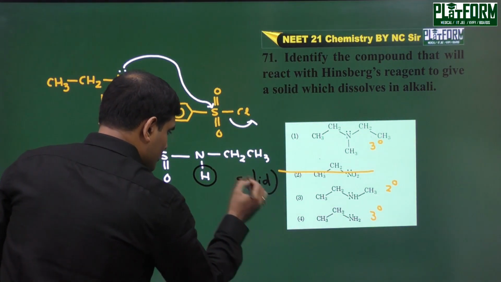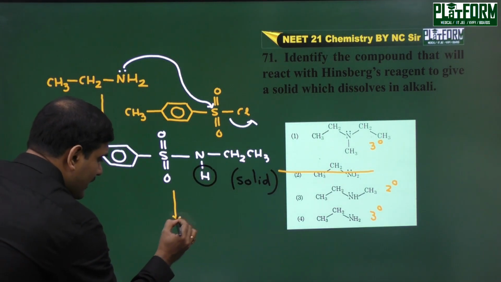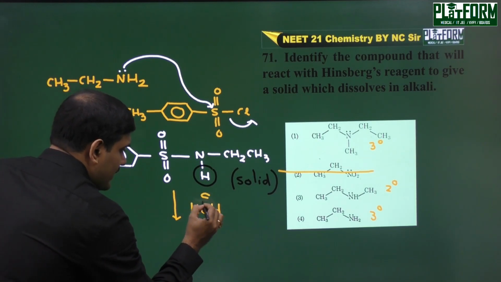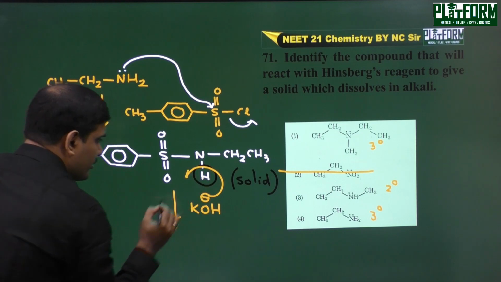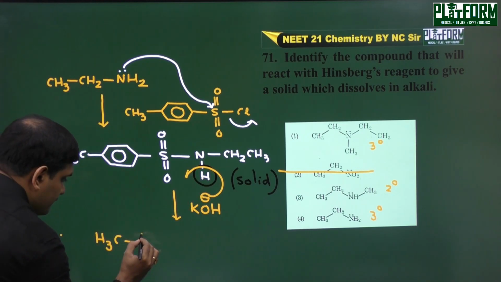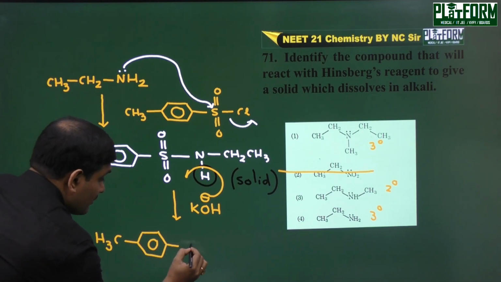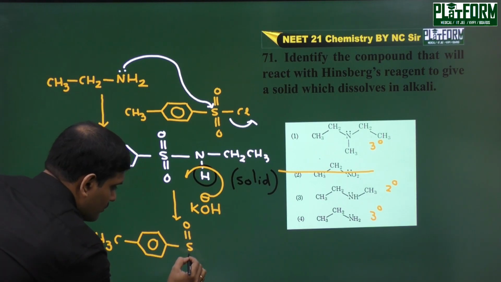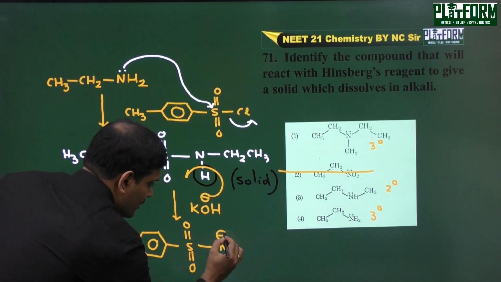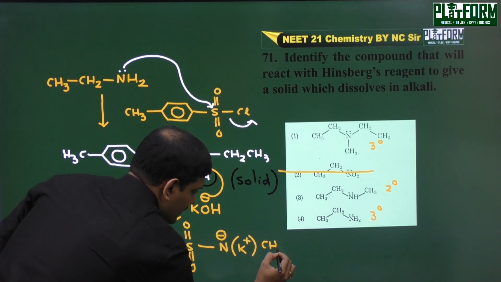Now when it reacts with alkali, say KOH, OH minus will abstract this hydrogen and lead to the formation of a water soluble salt, N minus K plus, followed by CH2CH3.